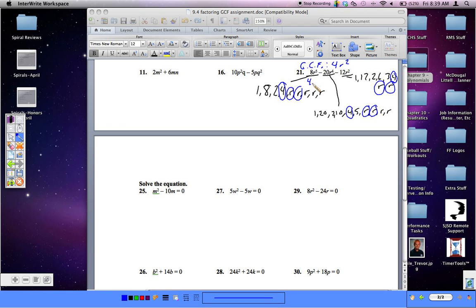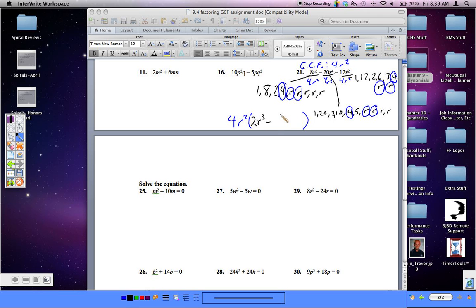We pull that out of each, and if I divide that, that is going to give me my resulting answer. So the 4r squared comes out front, and what's remaining after the division is what's left. 8 divided by 4 is 2. R to the 5th divided by r squared, that's going to leave remainder of 3.